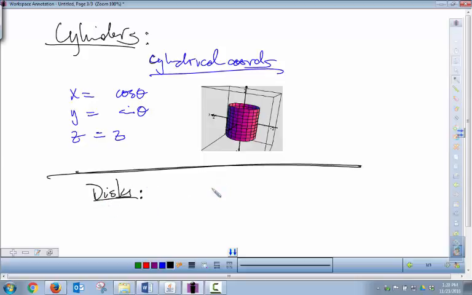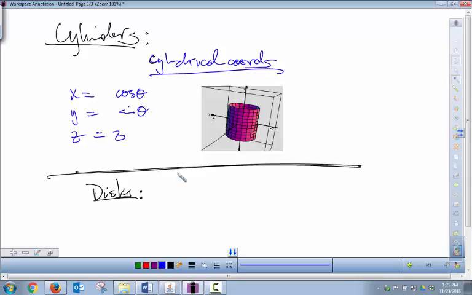Well, let's see how that goes. Let's do disks first. For disks, we're hoping that this is a disk that's parallel to one of the coordinate planes, because if it's a slanted disk, it gets a little trickier. It's not impossible, but it gets a little trickier.